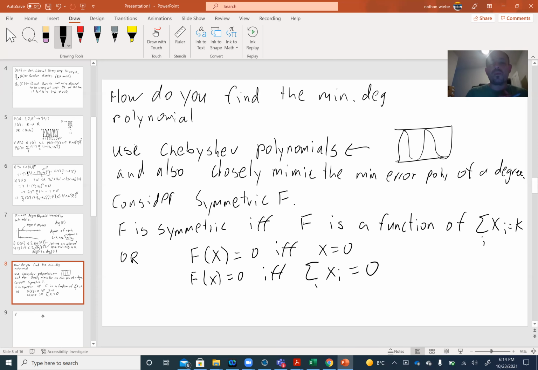Therefore, the function OR doesn't depend whatsoever on the location of the individual bits. It just depends on the number of ones that we have. If the number of ones that we have is greater than 0, then the function is 1. Otherwise, it's 0.